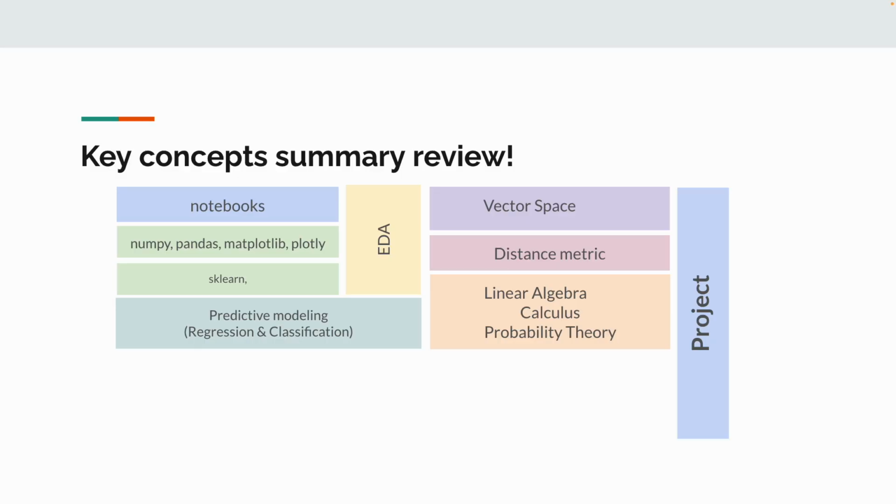So we learned about the regression and classification tasks, and one of the models that we first learned is the K nearest neighbor model, because if you recall, this is what we call a non-parametric model, and you can actually prepare your data through some feature engineering to put your data in the vector space and use some distance metric to do both regression and classification tasks using this simple K nearest neighbor model.